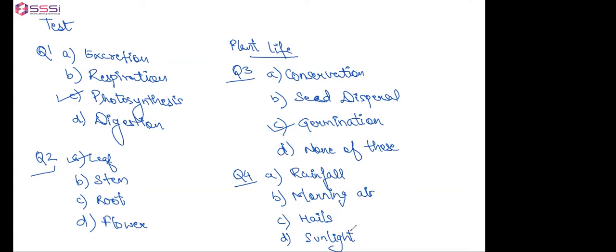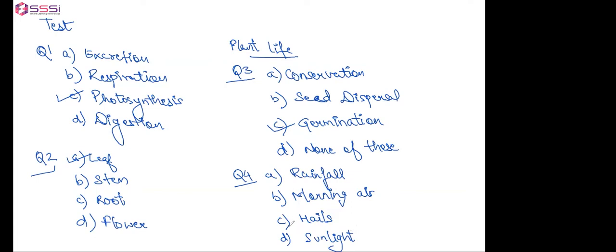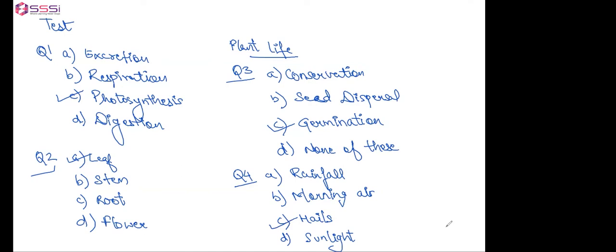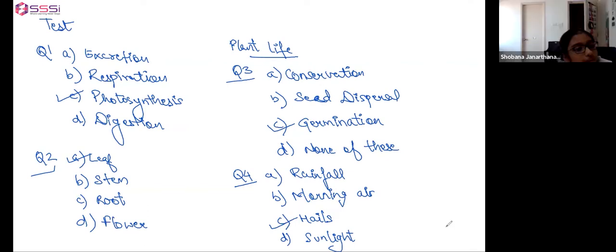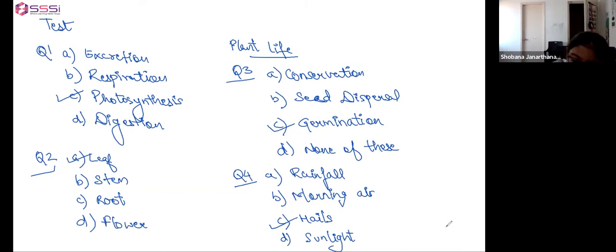Can you tell me from the four options which is harmful for crops? Hails. Very good. Correct. Ma'am, what is hails? Hail is white ice stones which we get during rainfall, hailstorms. Okay. In Hindi, we call it ole. Ole. Okay.